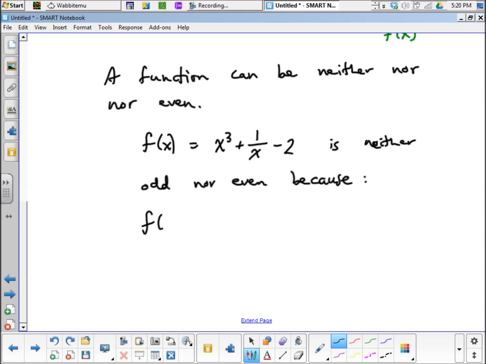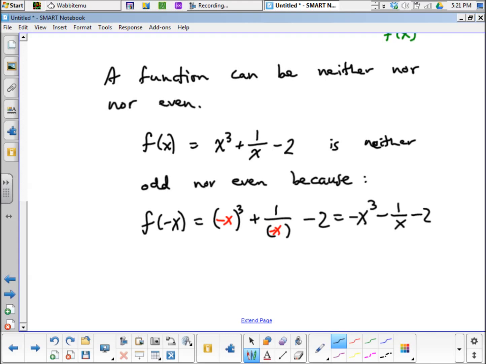If you find f of negative x, here's what happens. You take each x in the original problem and replace it with a negative x. Right? This gives me negative x times negative x times negative x. That's the first term. Then I have plus 1 over negative x. I just pull that minus out, make it this.